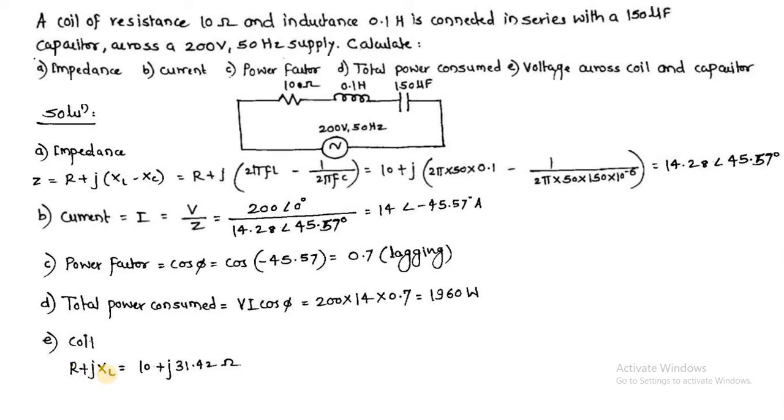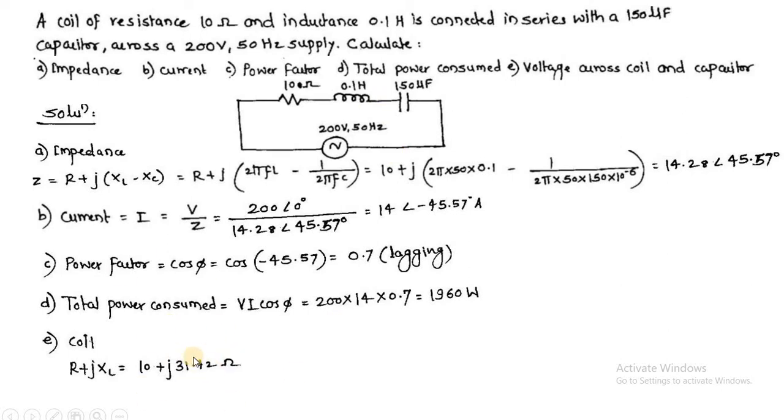So opposition offered by the inductance is XL. As these two quantities are phasor quantities, you cannot directly add. Remember this. Even though they are opposition, the value R say 10 ohm and say XL, it is coming 31.4 because 2 pi F, as F is 50, so 2 pi F will be 314 into 0.1, okay, so 0.1 will be 1 by 10, so it is nothing but 31.4.